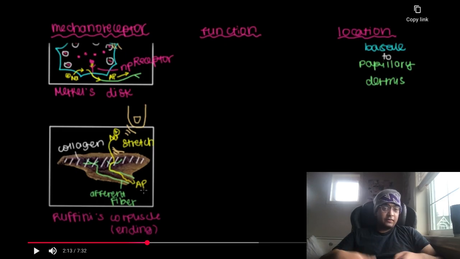And so if it shifts, it's kind of like a crunched up piece of paper and like a wet towel. That's kind of like what Ruffini's corpuscle is.